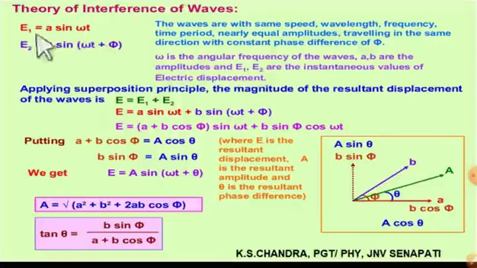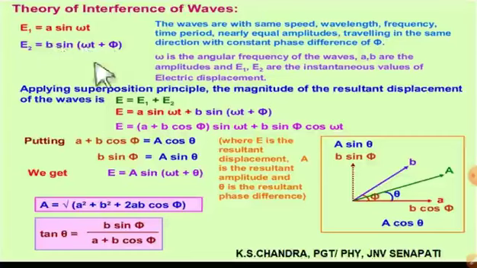So let this be the displacement of the first light wave, and E2 be the displacement of the second wave, and so it is equal to B sine of omega t plus phi. What is this B? B is the amplitude of the second wave, omega is the angular frequency, t is the time, and phi is the phase difference between the first wave and the second wave.